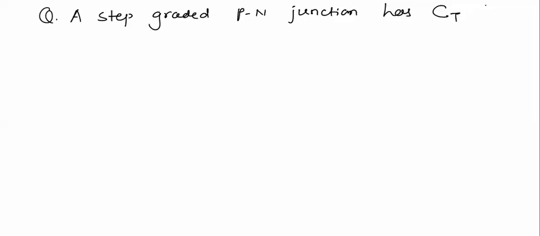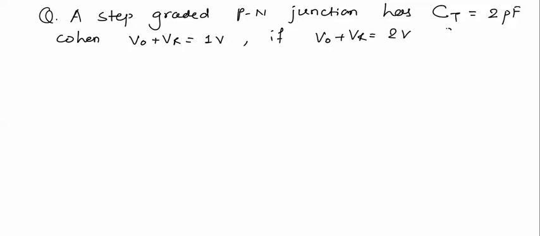A step graded PN junction has transition capacitance Ct equal to 2 picofarad when V0 plus Vr equal to 1 volt. If V0 plus Vr equal to 2 volt, then Ct will be equal to what?